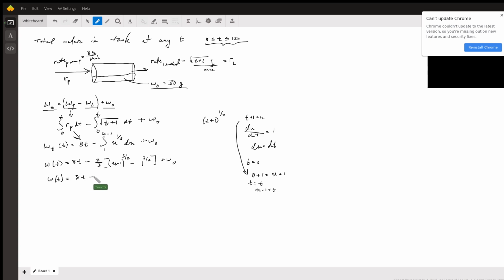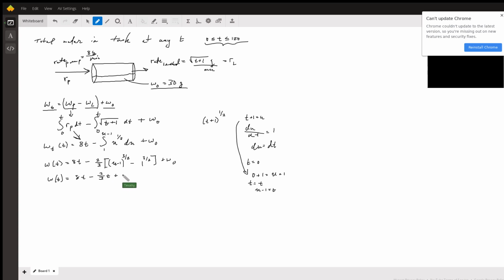And then W(t) is just going to be equal to 8t minus 2/3. So we need to put it in terms of time again. If u minus 1 is equal to t, we can just say t, right? So this will just be negative 2/3 t plus 1, and we can incorporate that into W naught.